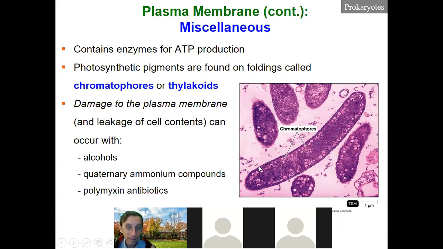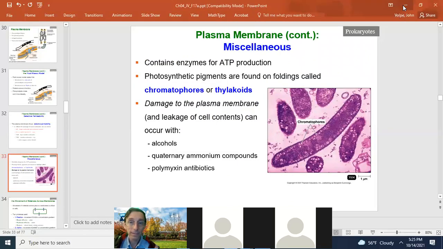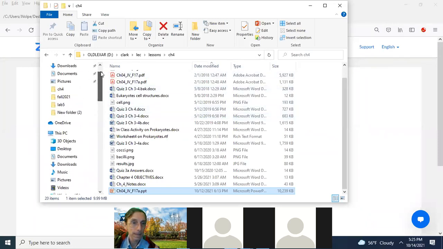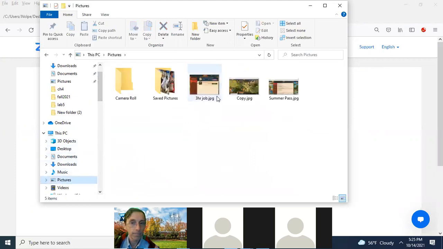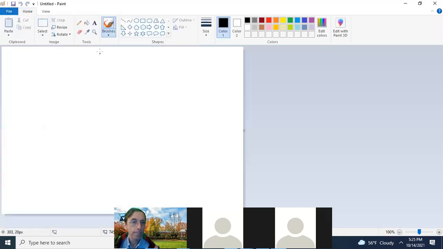What happens is the cell membrane goes like this, and then, maybe I can draw that better. So instead of being a cell membrane like that, the cell membrane goes like this.